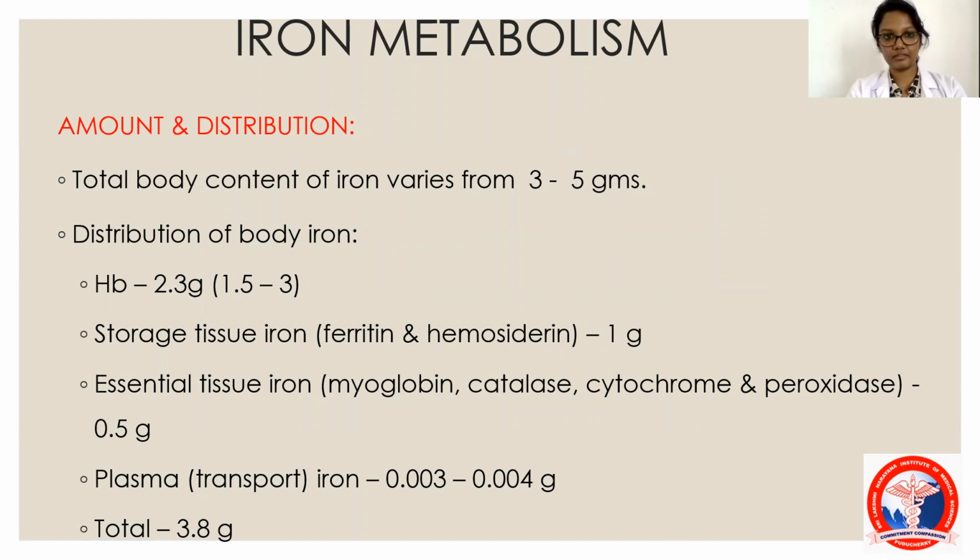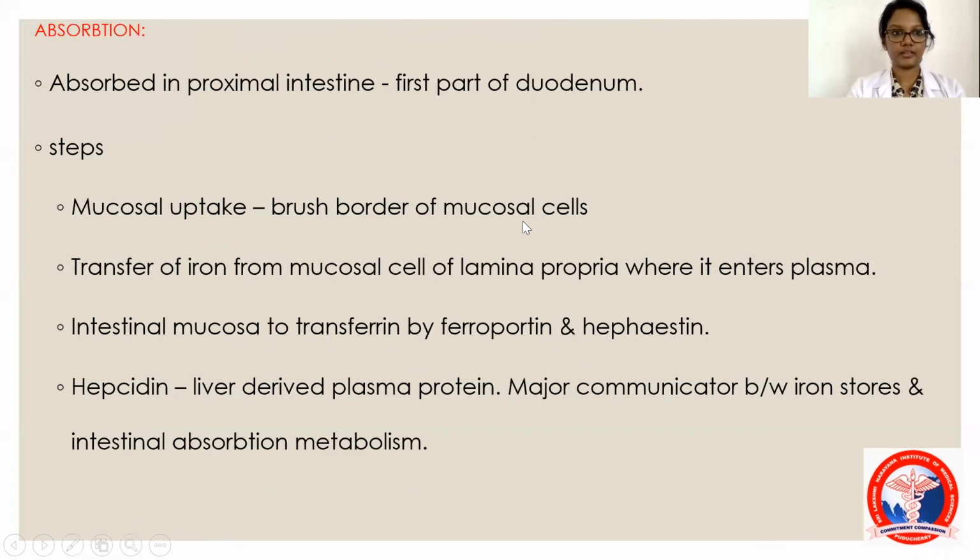Among the functional pool, the majority of the iron is present as hemoglobin, which accounts for 1.5 to 3 grams. The remaining is present in the form of myoglobin and certain enzymes like catalase, cytochrome, and peroxidase. Whereas the storage form of iron is present as ferritin and hemosiderin, which accounts for around 1 gram of iron.